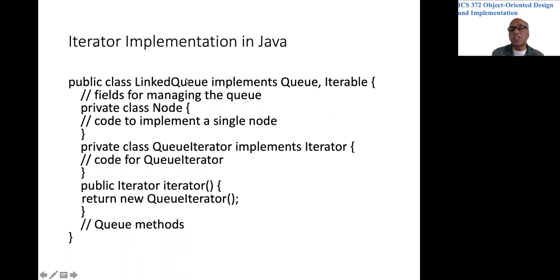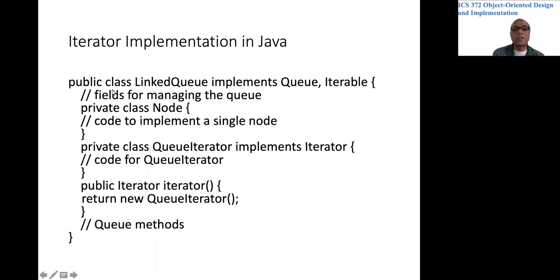This collection, when requested, will return an iterator. The corresponding method in Iterable is iterator. So an object of type LinkedQueue can be used to return an iterator by calling this method. This method is supposed to return an iterator object for this collection.